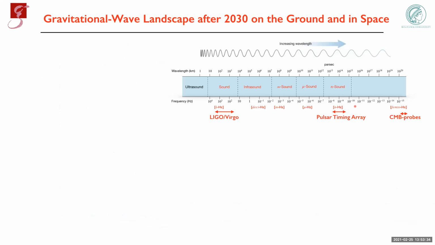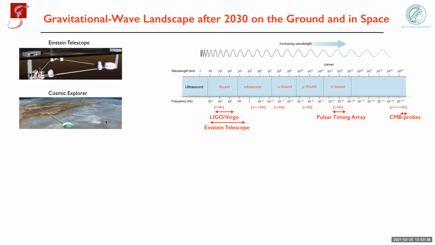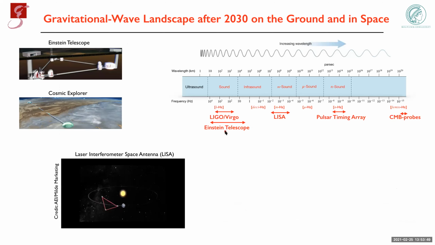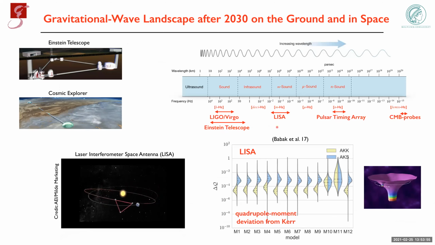The situation, of course, will change for the next decades with a new facility on the ground, which will open and widen the frequency band down to 1 Hertz and also make it deeper around the kilohertz. And of course, LISA, which will open a new bandwidth around the millihertz. And I want to highlight that LISA will bring an exquisite test, but also Cosmic Explorer and Einstein Telescope, of general relativity.